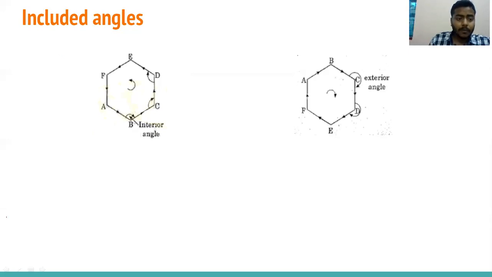So there is one common thing you should know. This is the first case: when your traverse is running in the anti-clockwise direction, see the direction A to B, B to C, C to D, D to E, E to F. This is making the traverse in the anti-clockwise direction.